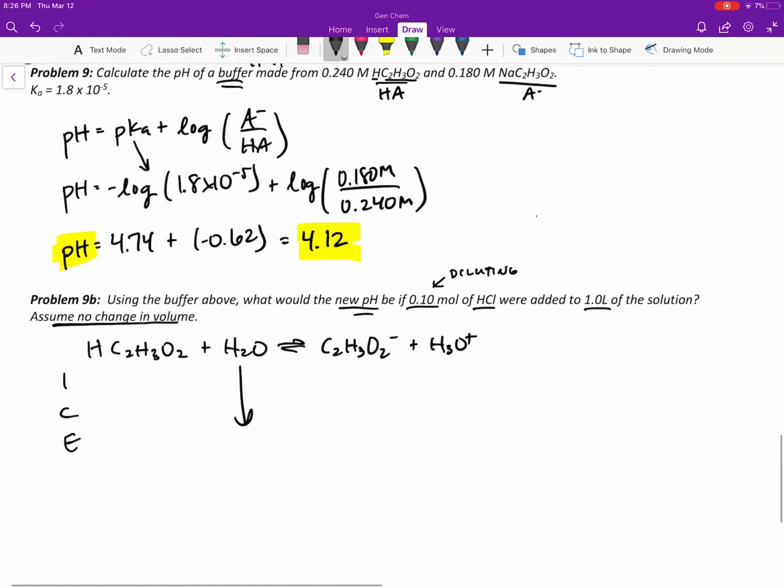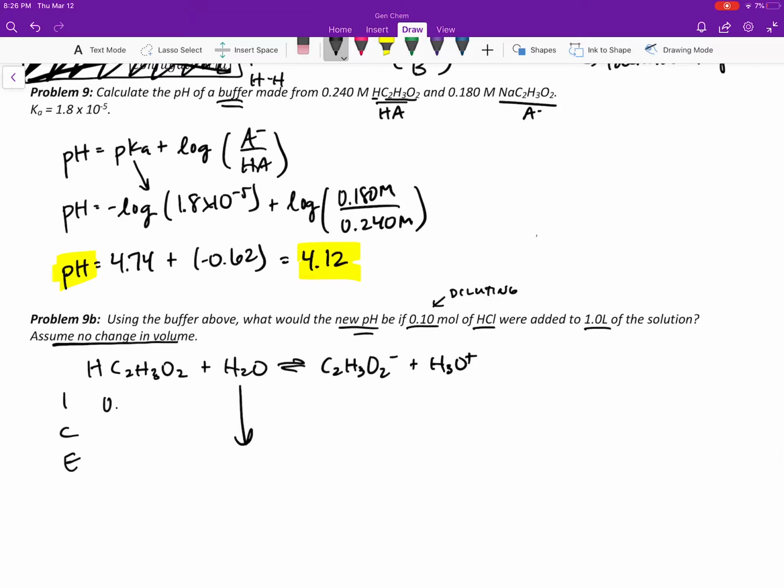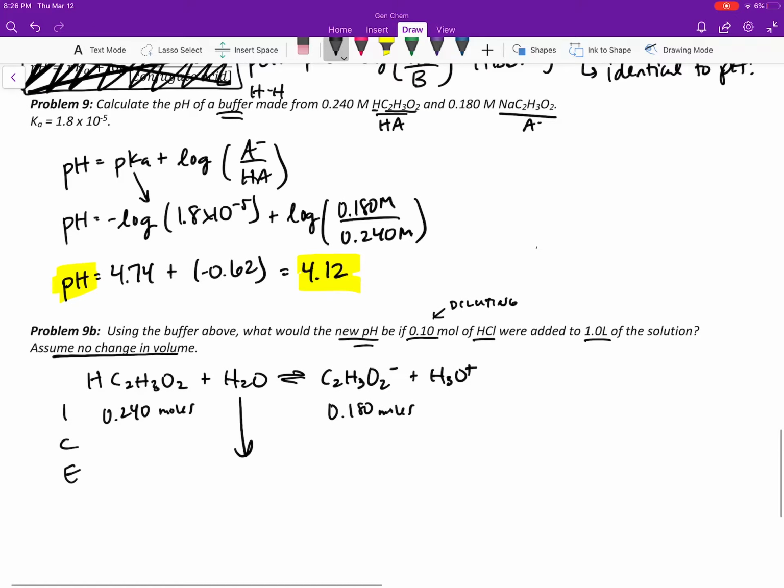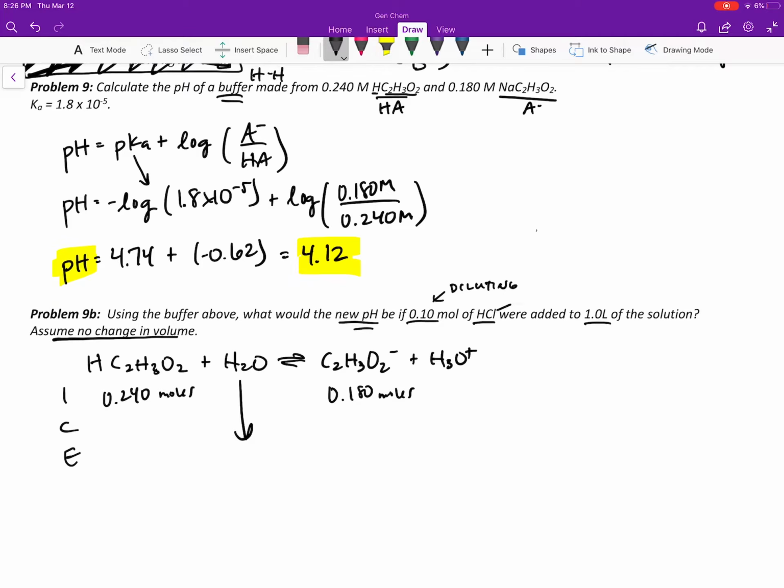Looking at my starting amounts before, I started with 0.24 moles or molarity, and 0.18 moles or molarity. I started with none of the hydronium before, but this time I'm starting with a little bit of HCl, which are protons. So I'm actually going to start with 0.1 moles of H+ because of the strong acid.